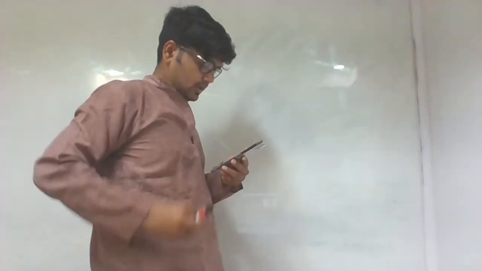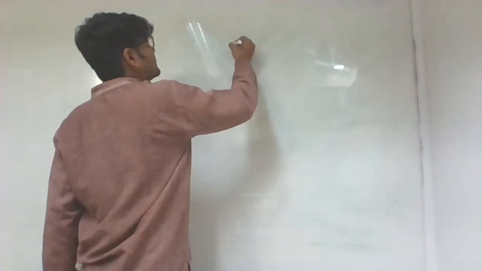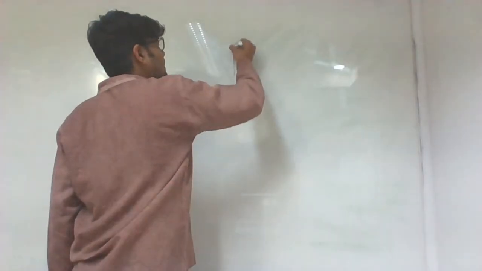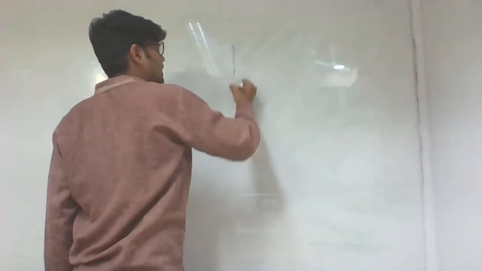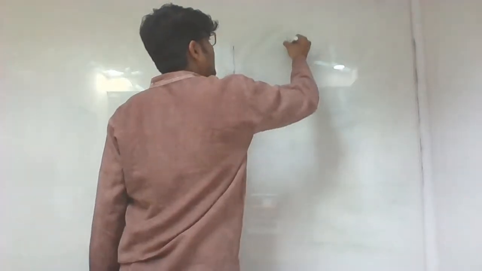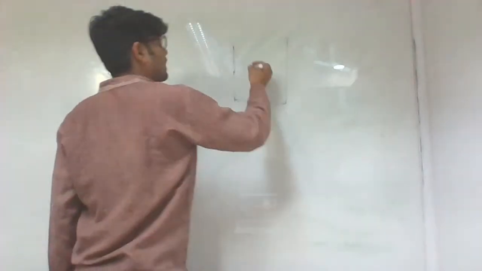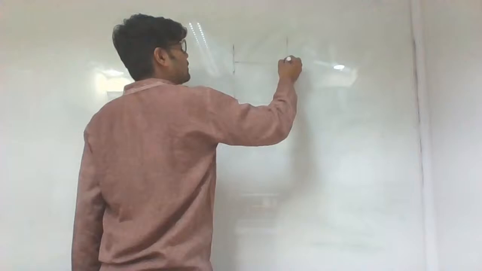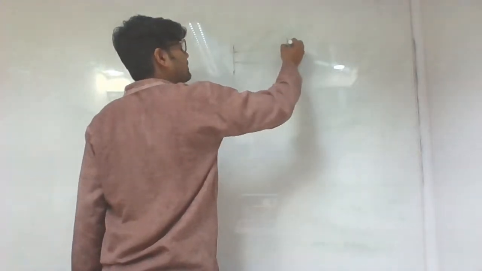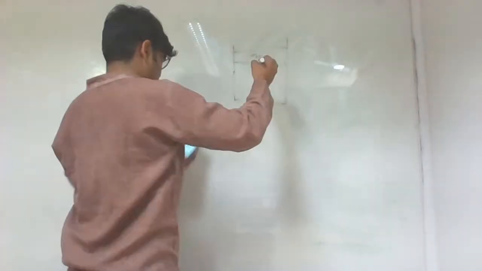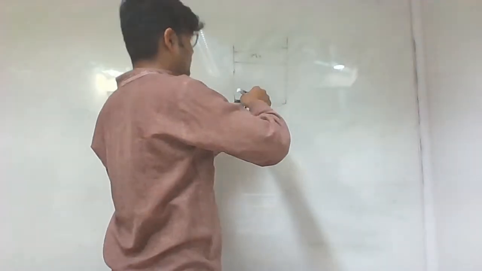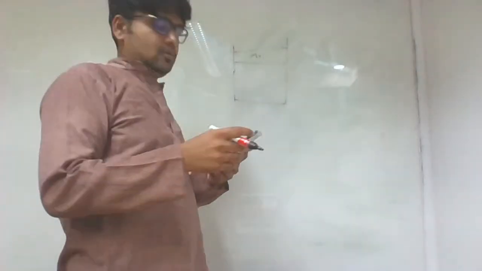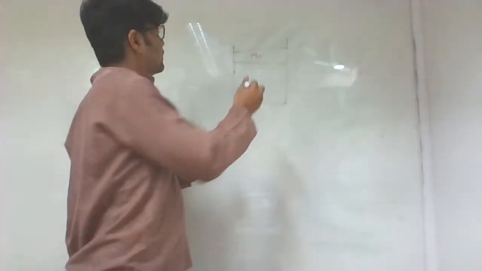So, question number 8. There is a liquid and there is a block kept. Mass is 400 kg.